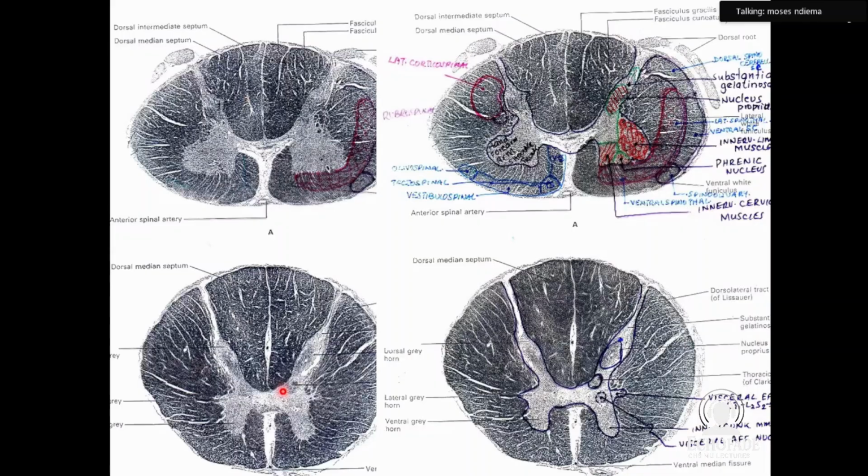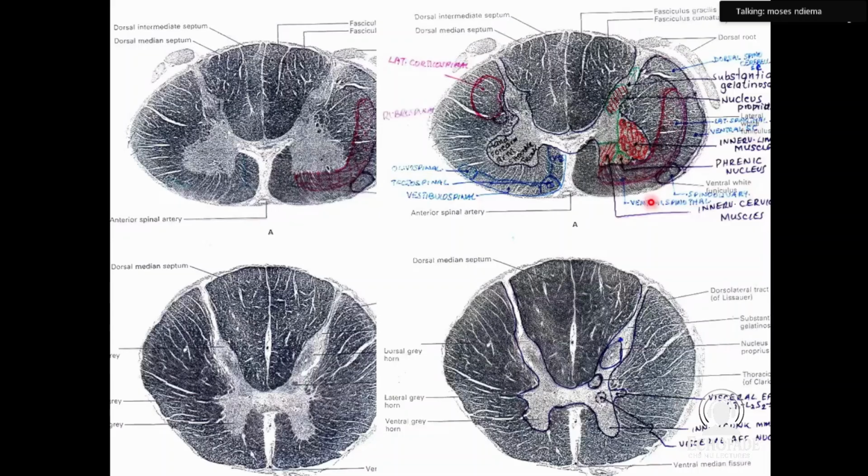And then as I was talking about these ascending and descending tracts, the dorsal column, the fasciculus gracilis and cuneatus, we talked about them as forming the dorsal column, representing the dorsal column medial lemniscal system. We have the anterolateral part here, and within that, we have the spinothalamic tract, both ventral, anterior spinothalamic tract.